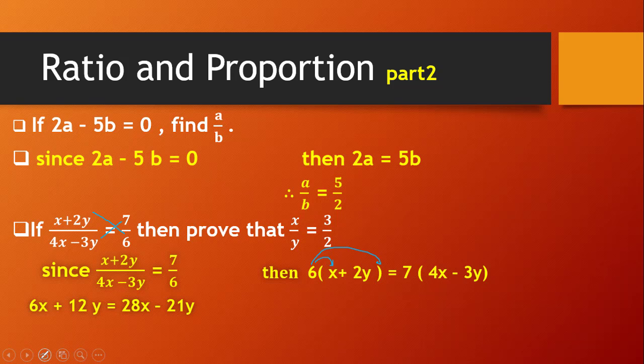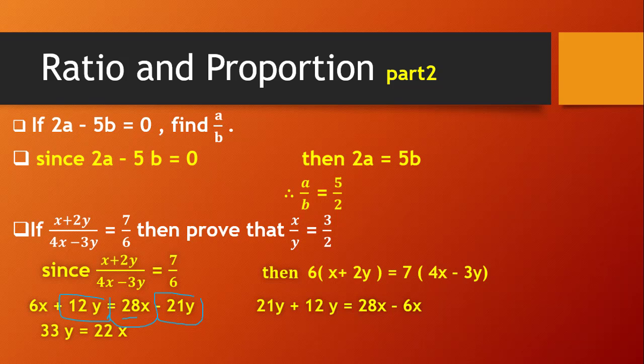Now I want y in a side and x in another side. So here we have 12y plus 21y. This is y in the left hand side. Y here is negative, so it will be positive. So I have 12y plus 21y equals here 28x plus 6x.